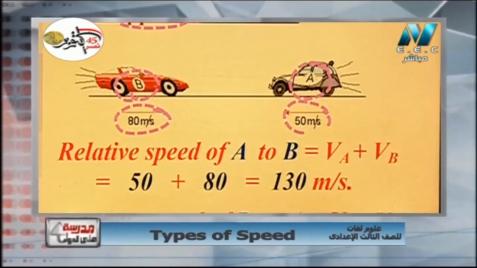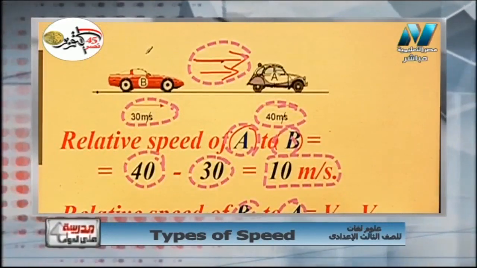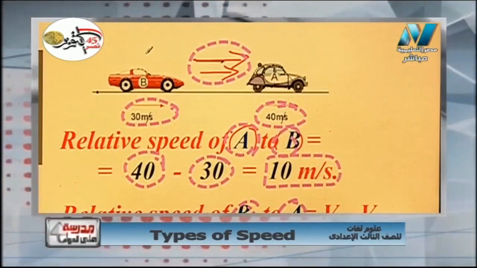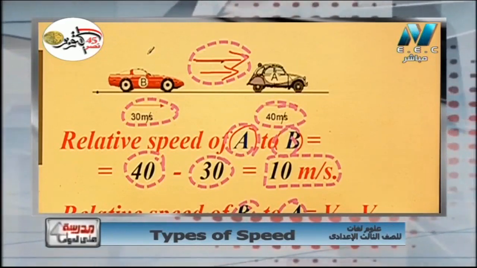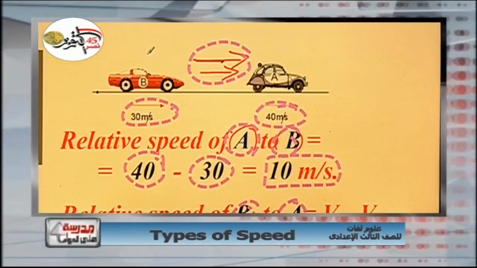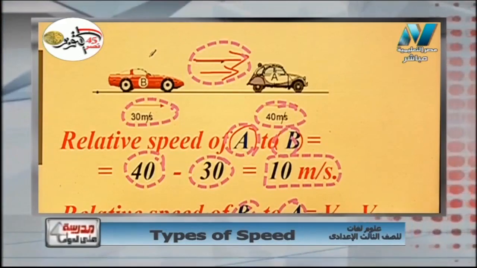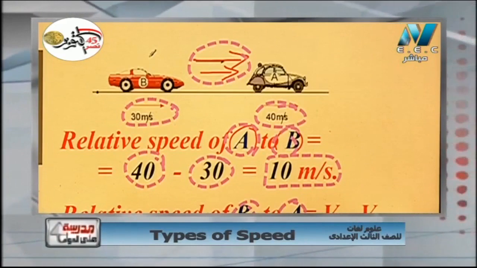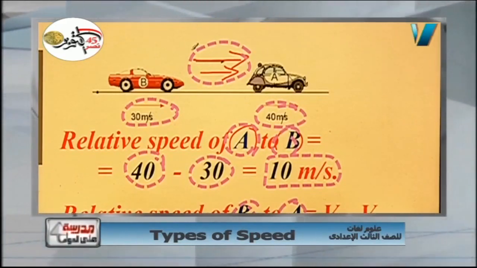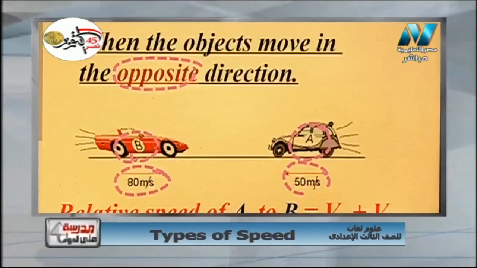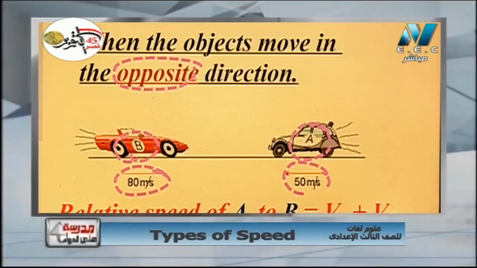But if the two objects are in the same direction, we should calculate V as I request. V of Mohamed relative to V of Omar means V Mohamed minus V Omar. And the speed of Omar relative to the speed of Mohamed means V Omar minus V Mohamed, because they are in the same direction. If we have opposite direction, we use the summation of the two speeds together.